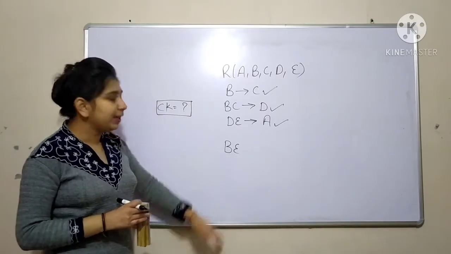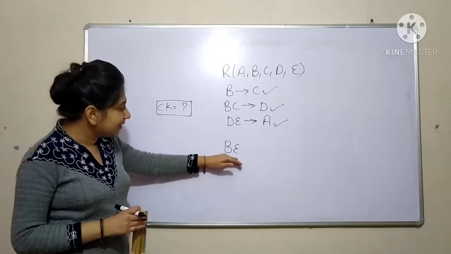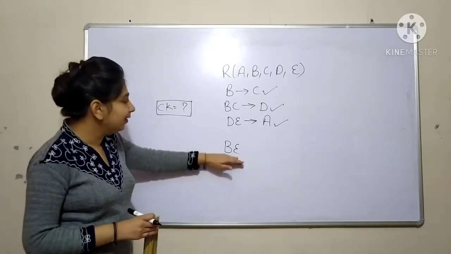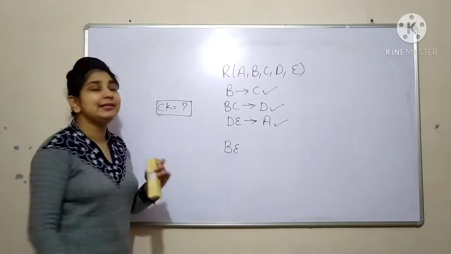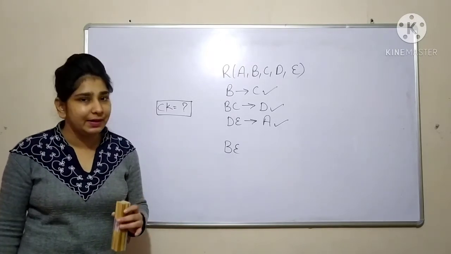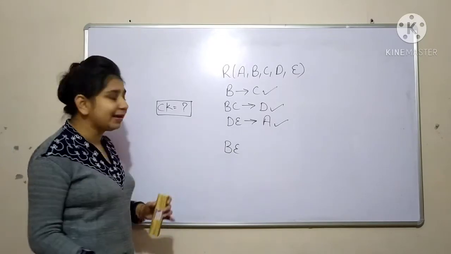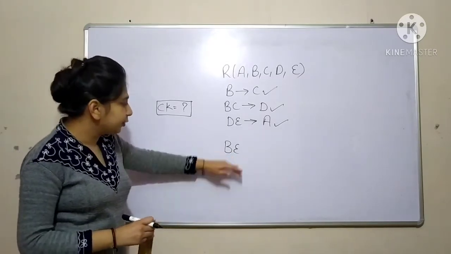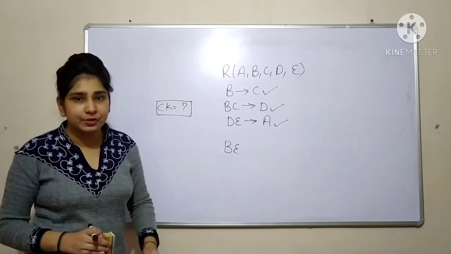So we have to include both these attributes in the candidate key. B and E definitely should be part of your candidate key. Now let's check if we can use BE as the candidate key for the relation.